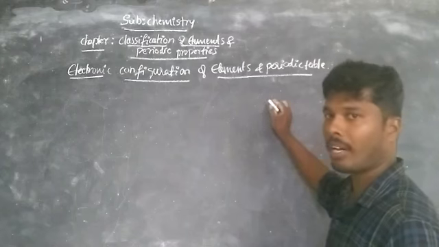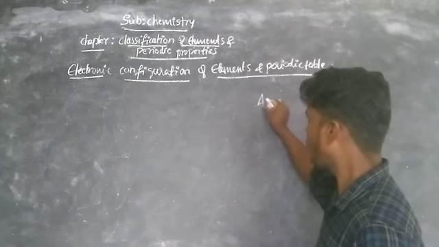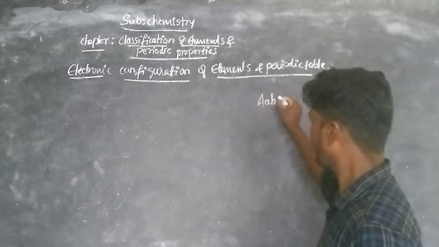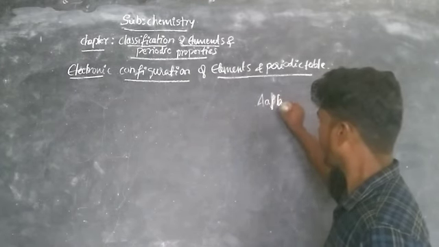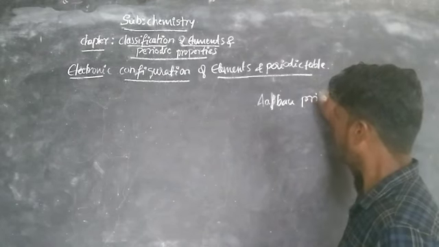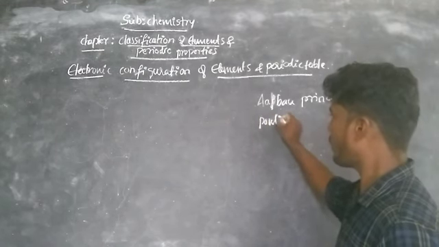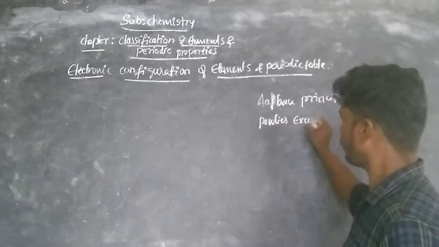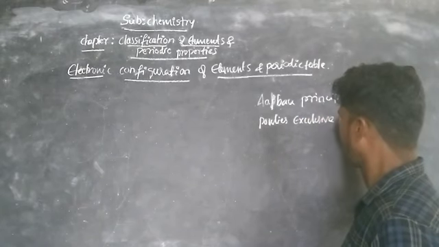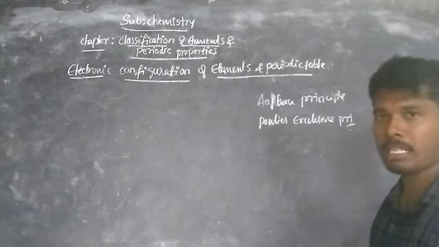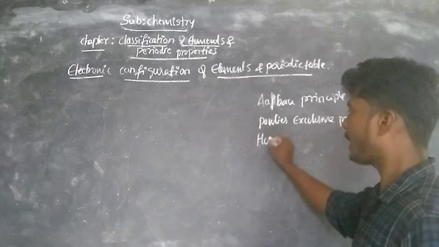So here we are following 3 rules: the Aufbau principle, Pauli's exclusion principle, and Hund's rule of maximum multiplicity.